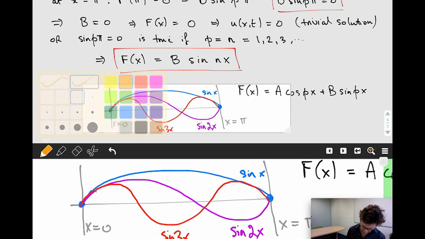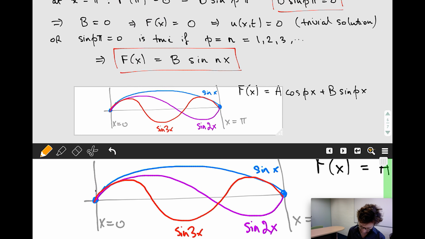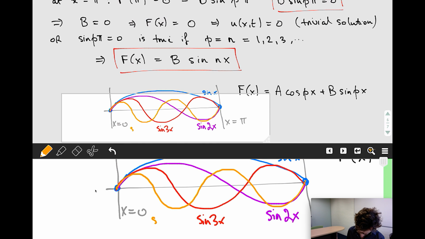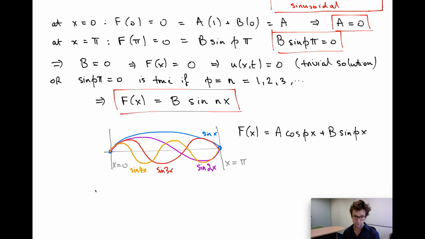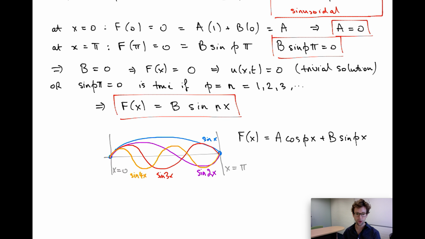I can keep on adding in any integer multiple of x, sine integer times x. So I could even have sine 4x and so on. So what we found here is that the solution that is a sinusoid and fits in with a value equal to 0 at x is equal to 0 and x is equal to pi is any integer multiple of x. So b sine nx. Sine x, sine 2x, sine 3x, sine 4x, and so on.